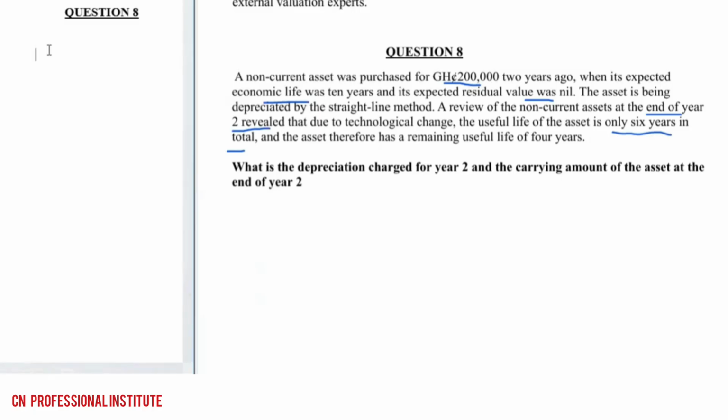So with accumulated depreciation, this is depreciation for year one. Let me make it better and name it: depreciation for year one.